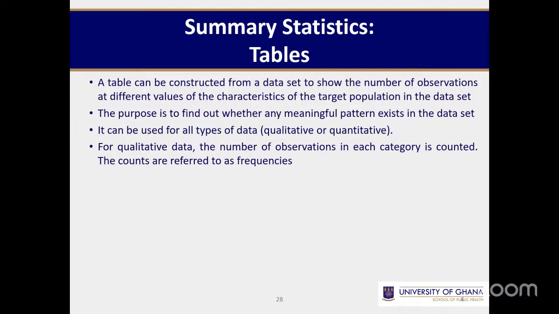So for example, if you are dealing with sex, then you are counting male and female. If you are dealing with marital status, then you are counting the number of study participants who are married, who are single, who are widowed, and who are divorced.